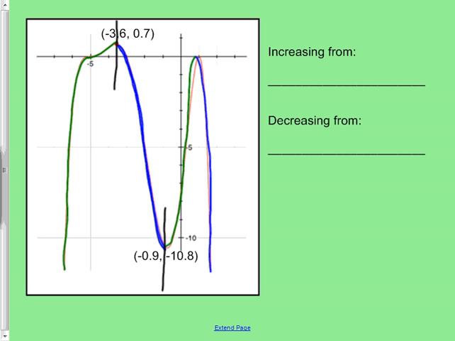So, I'm going to pause for a second. So, this part right here, I have a choice between picking this to this or picking this to this. That's how you're going to say that little decreasing interval there. Do you think it should be the x's or it should be the y's?